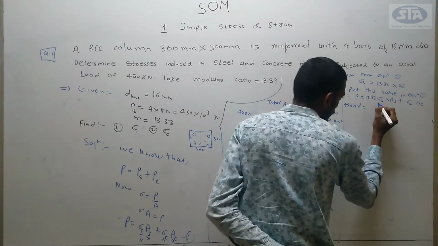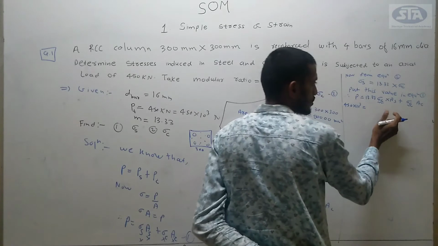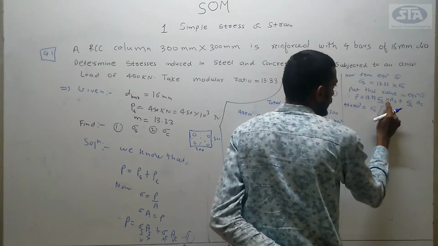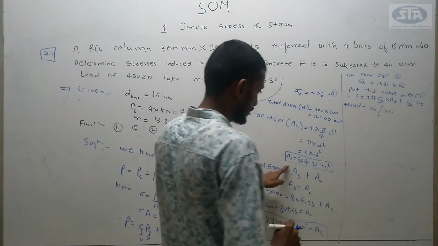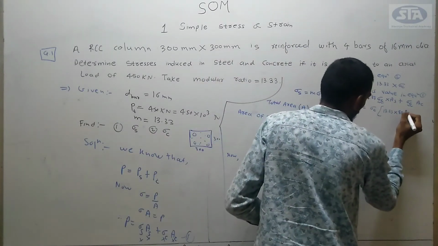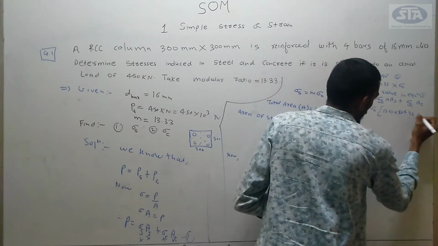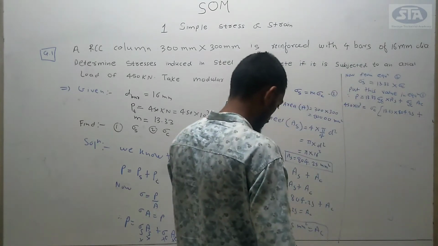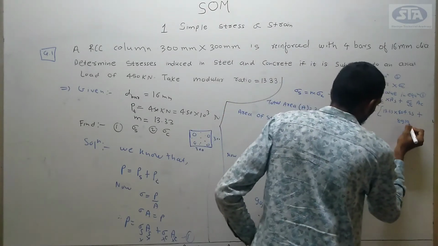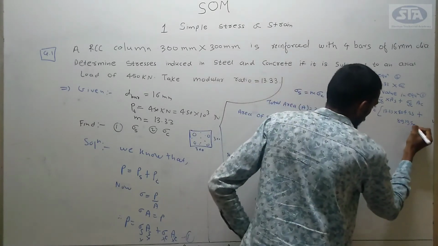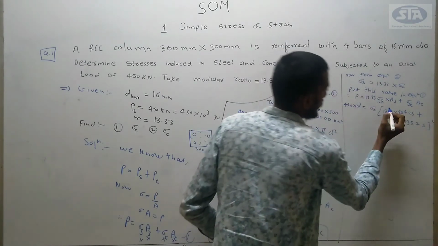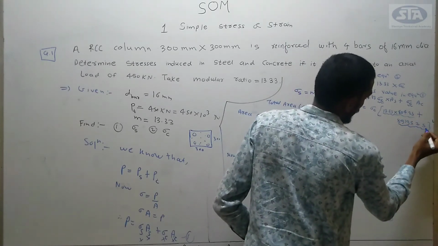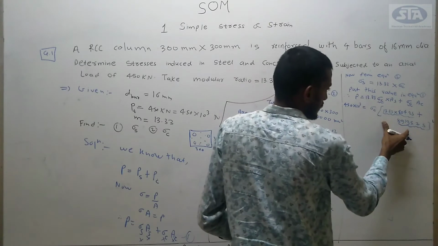Sigma C is a common factor, so take it out. In the bracket, 13.33 into area of steel, which we already calculated as 804.25, plus area of concrete, 89195.75. First multiply these two terms, then add the area of concrete, and you will get some answer.